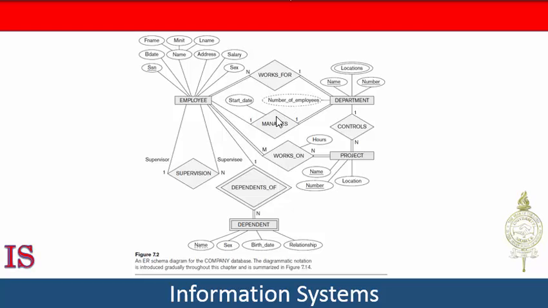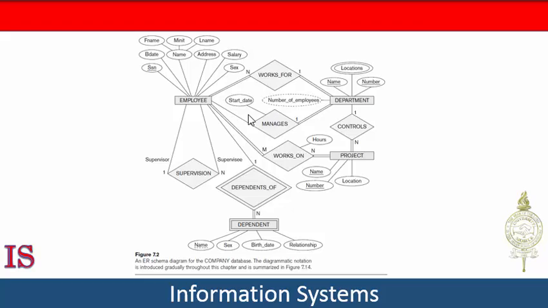Manages is a one-to-one relationship between employee and department. Employee participation is partial. Department participation is not clear from the requirements. We question the users, who say that a department must have a manager at all times, which implies total participation.